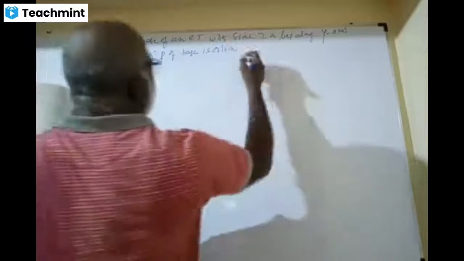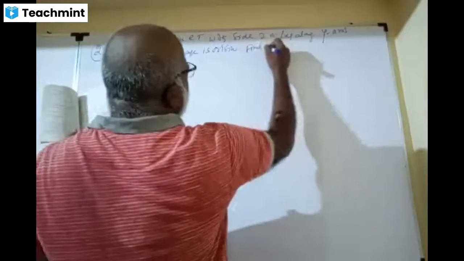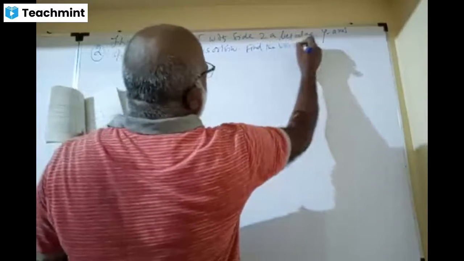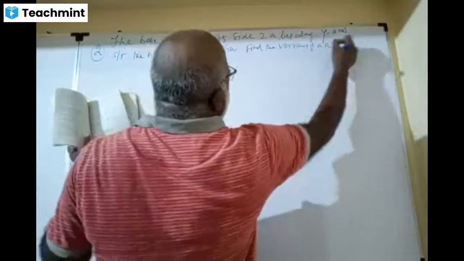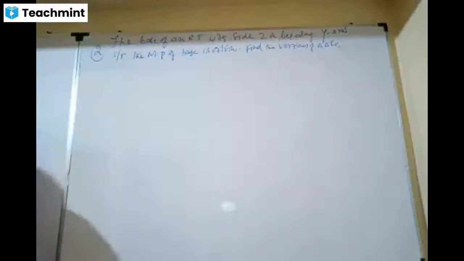Find the vertices of the triangle. Now, what description has he made?